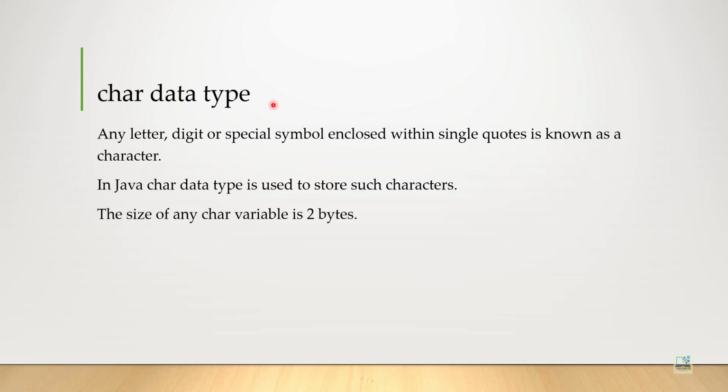What is a char data type? We can say that any letter, digit or special symbol enclosed within single quotes is known as a character. So any information that is enclosed in single quotes can be a special symbol like @, dollar, asterisk, any number like 5, 7, 0, or any alphabet like A, B, XYZ.